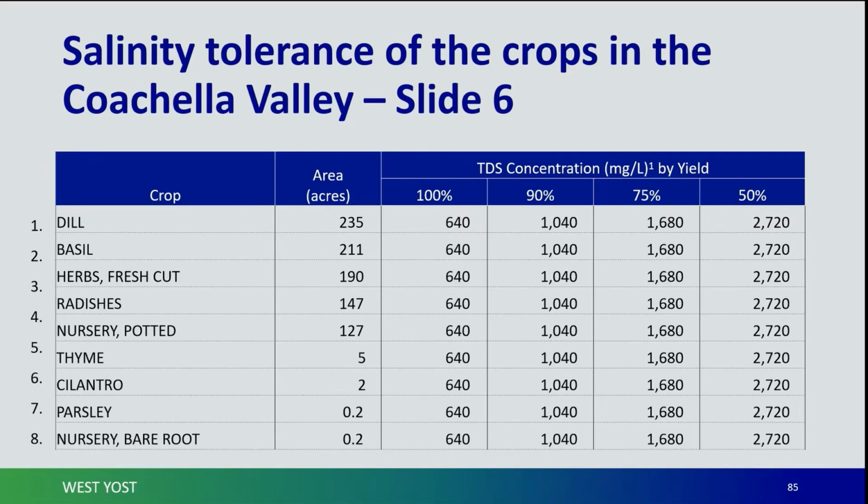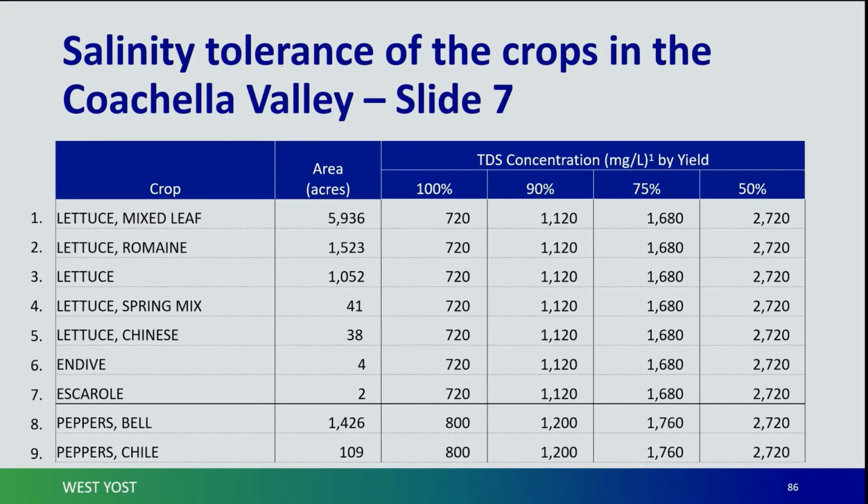As you'll notice here, all of these have the same values. So here's where feedback on whether it does or doesn't make sense that these are all the same values for the different crops is also helpful. I think we can go ahead and go to the next slide.